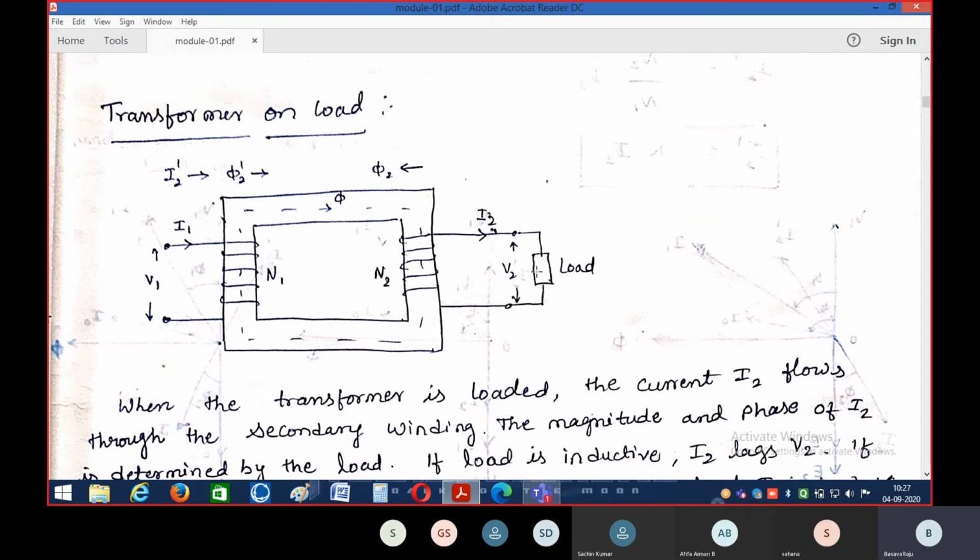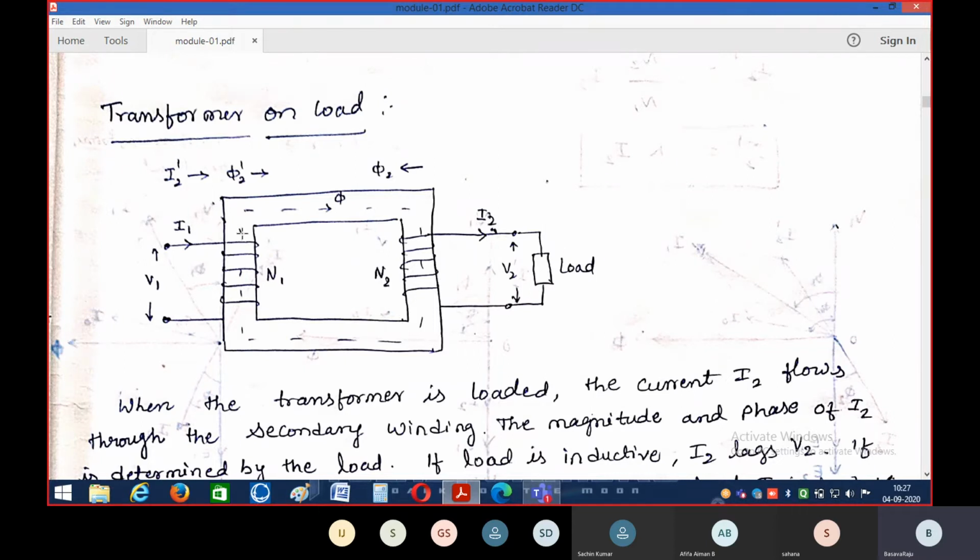But in this case, we are analyzing the transformer operation during the load condition. So across the secondary terminals, an electrical load has been connected. This small rectangle represents an electrical load which is connected across the secondary terminals of the transformer.